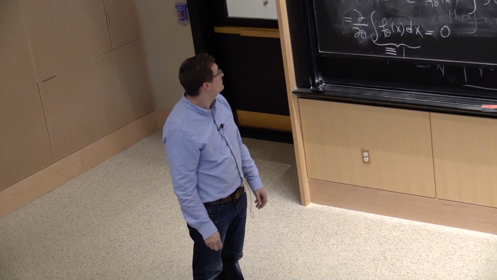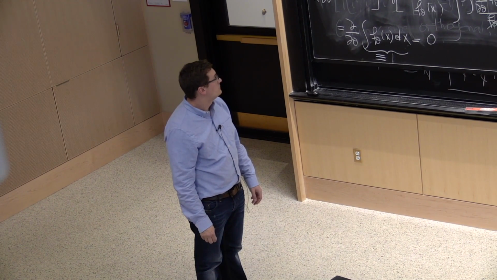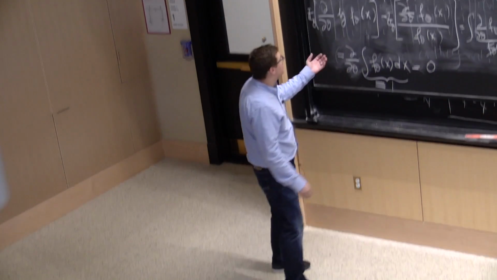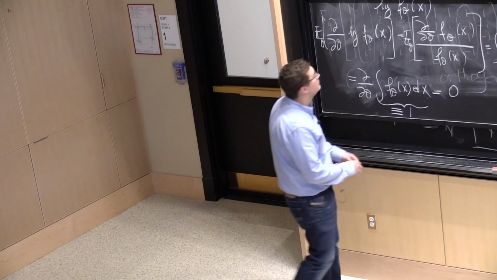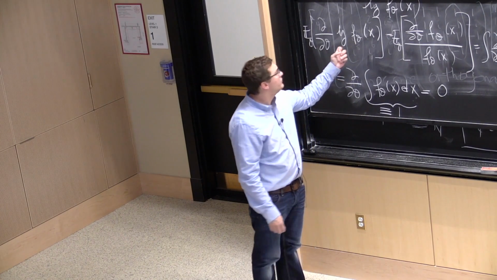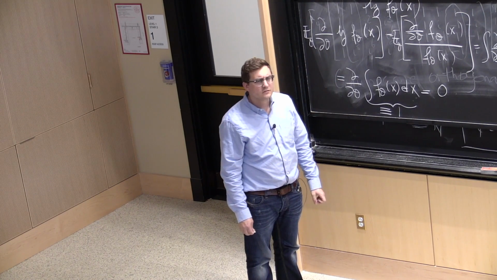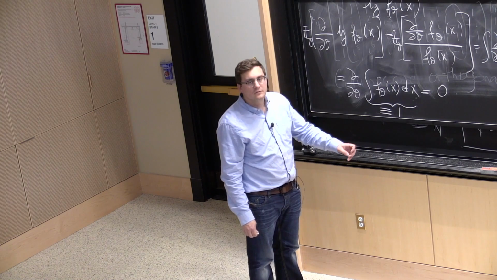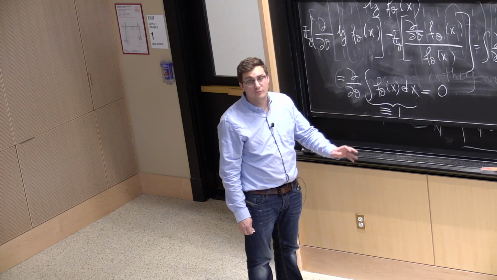What is the first equality that you wrote on the board? That's the definition of the expectation. Oh, sorry, no, that's just the definition of the derivative of the log of a function. The log of f, the derivative, is f prime over f, right?